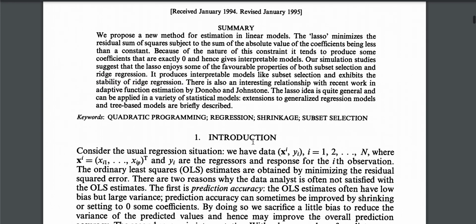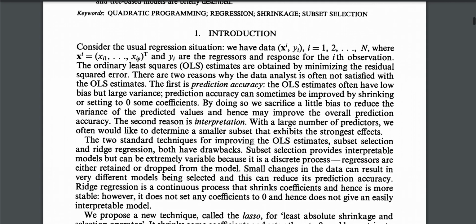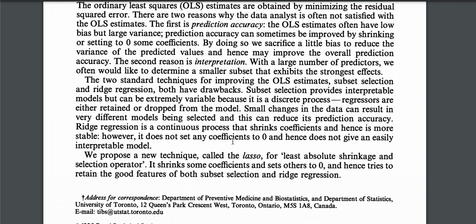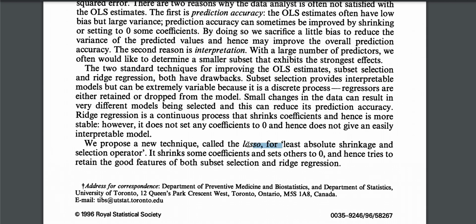Okay, let's skip that, but what I want to finally say is, what does lasso mean? Least absolute shrinkage and selection operator. So there are two things happening. Remember these two words: shrinkage and selection.